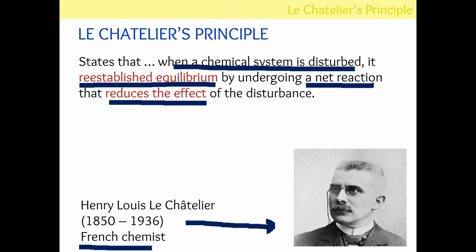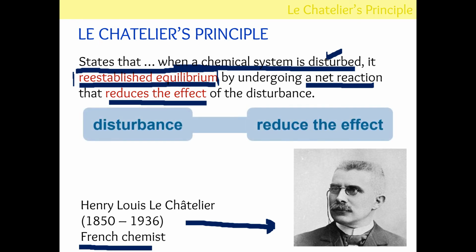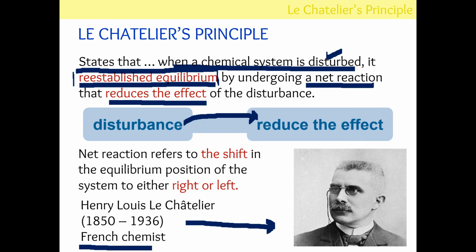The disturbance is reduced, not eliminated. The net reaction refers to the shift in the equilibrium position of the system to either right or left.